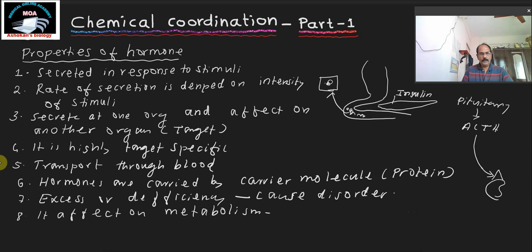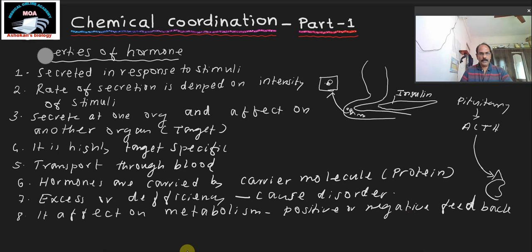Metabolism by feedback mechanism, so both positive and negative feedback, that we will study later. So these are the different characters of the hormone. Now we are going to study the mechanism of action of the hormone.